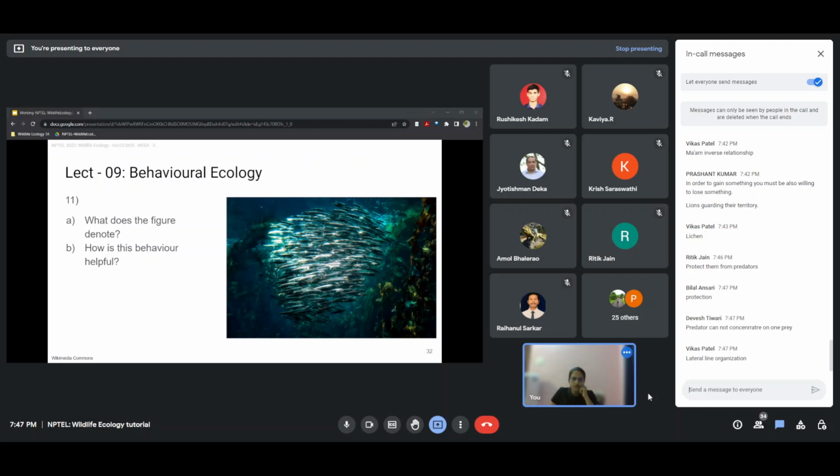Lateral line organization. I am not sure what that term is, but if you have an idea of it, you could explain. Okay, so actually, this figure is just a group of fishes, and this behavior is called schooling or shoaling activity. So they move around in large groups like this and have various formations.